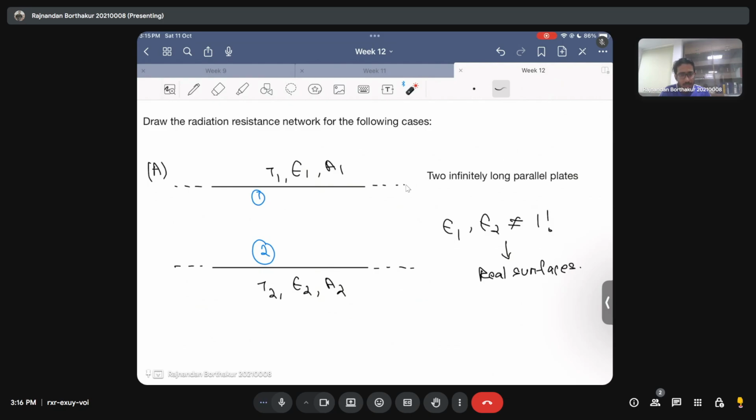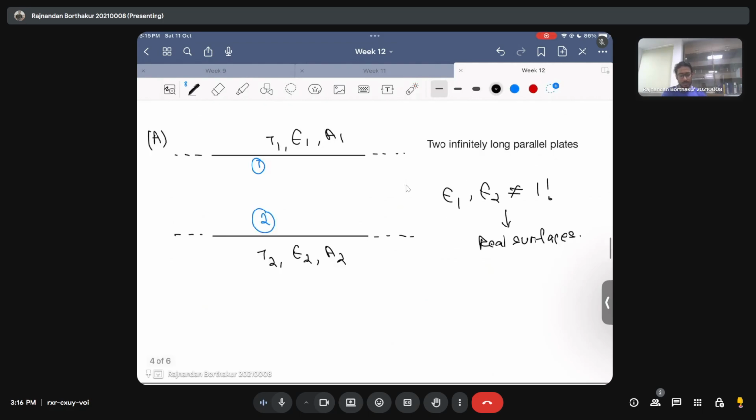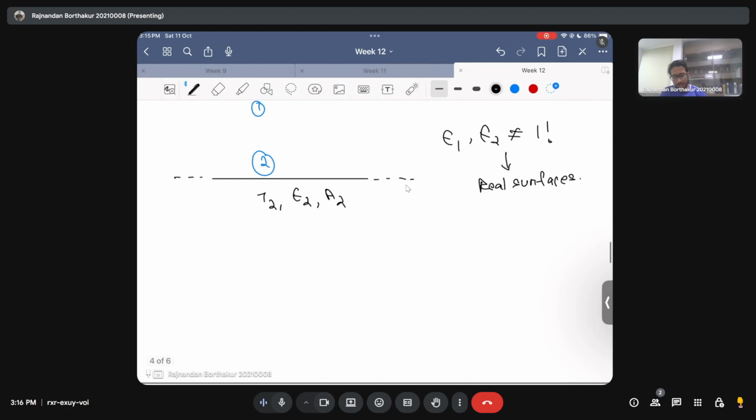And our task, as you can see from your screen, is to draw the radiation network for this case. But just try to understand that these two plates are infinitely long, meaning that they will extend to plus infinity and minus infinity along this particular direction. Okay. So in that context, let's try to draw the radiation network.